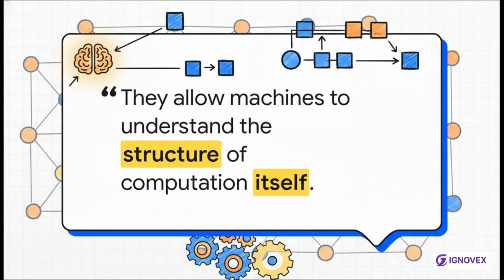And this really gets to the heart of it. As one source puts it, these graphs let machines understand the structure of the computation itself. It's not just about getting an answer anymore. It's about understanding how you got there. And that structural understanding is what makes this whole automated learning thing possible in the first place.